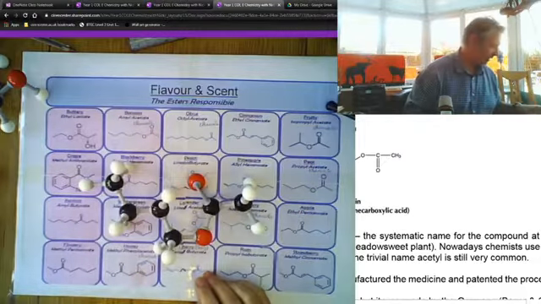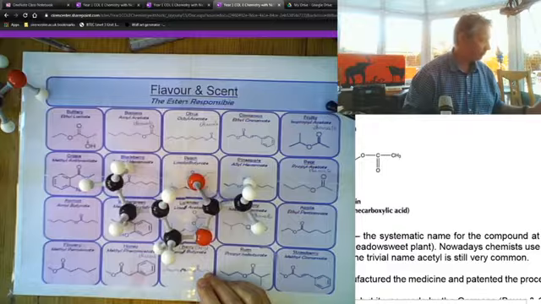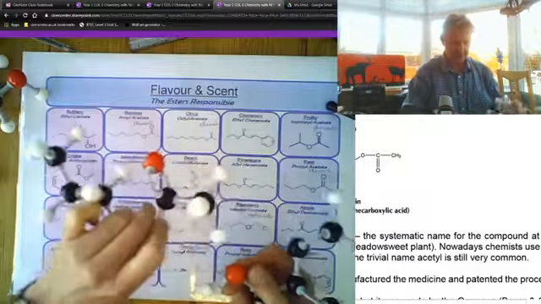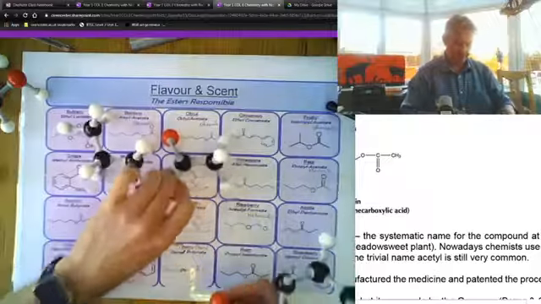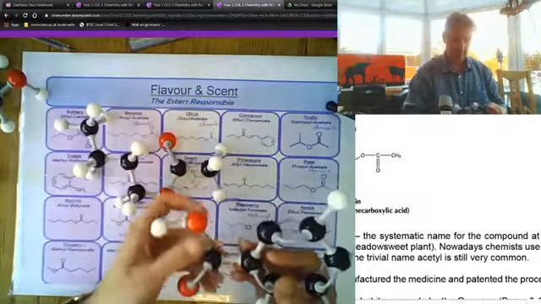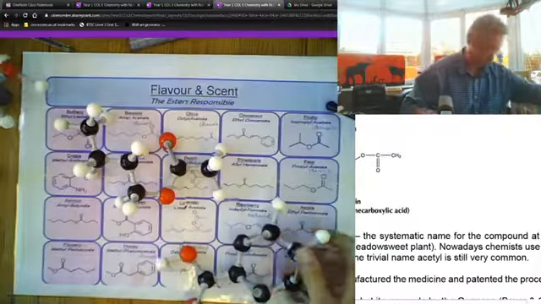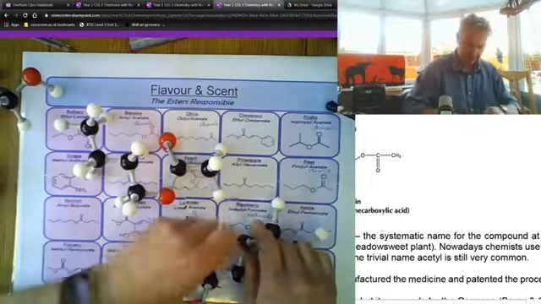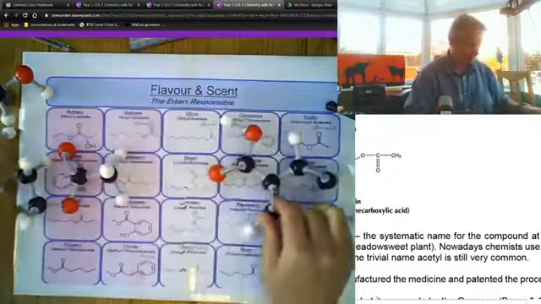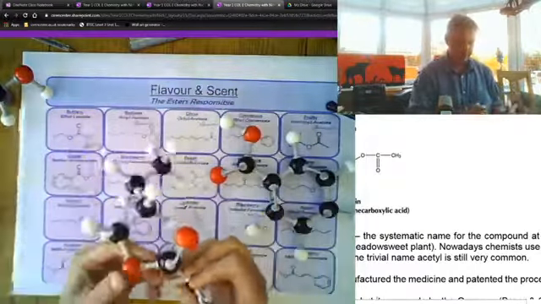Now I could replace the ethanoic acid with this, which is benzoic acid. Let's put a hydrogen on there just to make it proper. So this is benzoic acid. Here is the ethanoate.